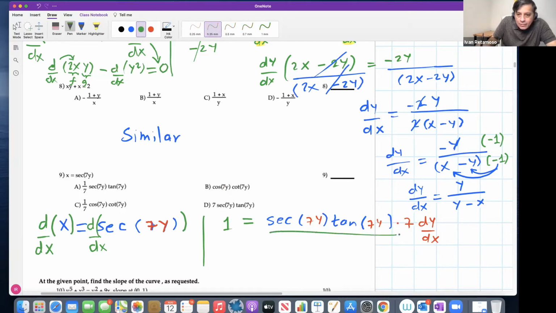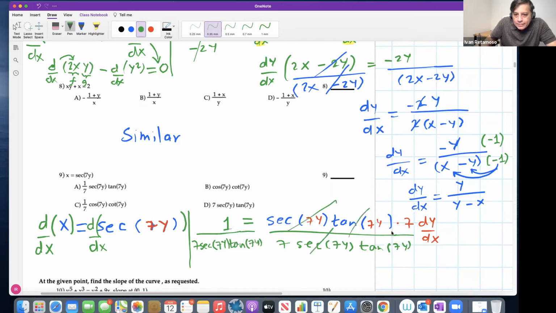So we're going to divide this whole thing by 7 secant of 7y tangent of 7y, both sides. Then we can use some trigonometric identities to simplify that, and that will be it. Notice this whole thing cancels, but over here, you get that dy/dx is equal to this.